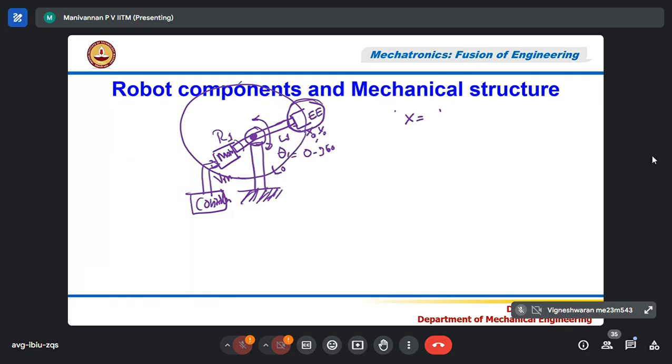Correct? I already told you the workspace or work volume of a single degree robot having a rotary joint is a circular path. Here only it can move, nowhere else. Correct? That is the workspace. So now, depending upon theta, the position in the two-dimensional workspace, correct? I can put a graph with imaginary axes.